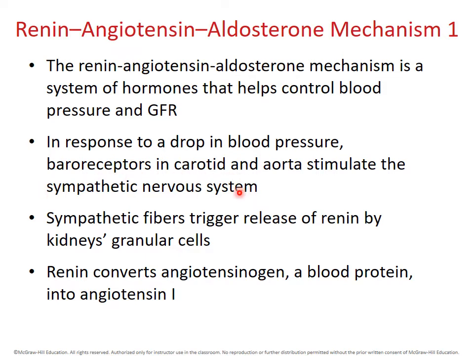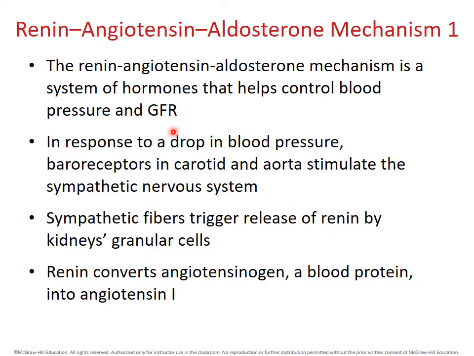But additionally, the sympathetic fibers that are triggered by that drop in blood pressure are going to also stimulate the granular cells. Remember, again, these are the cells that are wrapped around the afferent arteriole. In addition to being able to constrict and reduce flow through the afferent arteriole, recall these are the cells that also release the chemical renin.